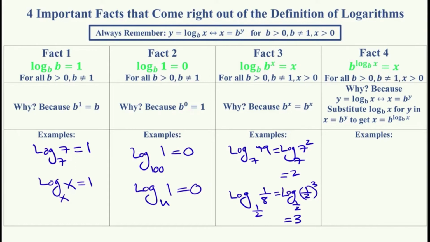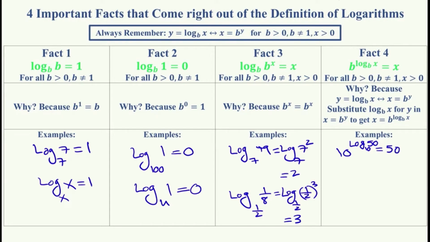All right, so for example, if somebody gives you 10 to the power of log base 10 of 50, this is like a gift. There's not a whole lot to do here. Since these two bases are the same, you know the answer is just going to be 50.